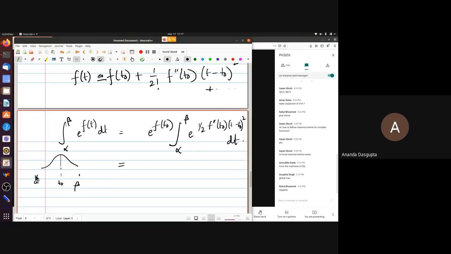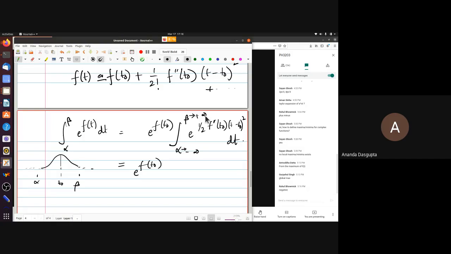But do I really need to integrate this from alpha to beta, or can I just safely say that this can be extended to minus infinity to plus infinity? Notice that this function dies out so rapidly with distance, especially remember f has already absorbed lambda in it. f double prime has also absorbed lambda in it, so f double prime is a huge negative number. That essentially means that the Gaussian has a very narrow width, especially in the limit as lambda goes to infinity.